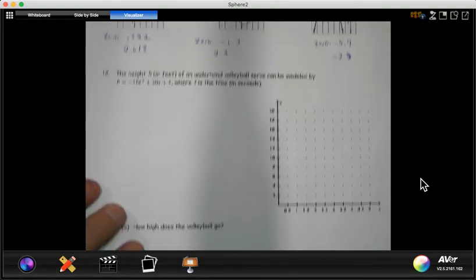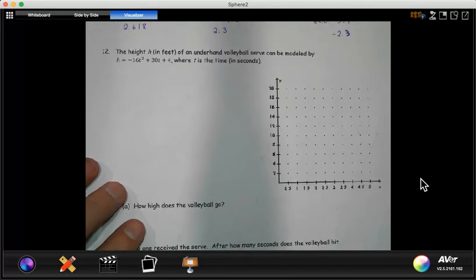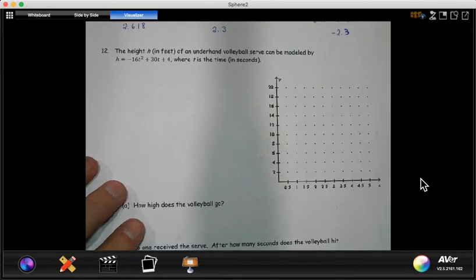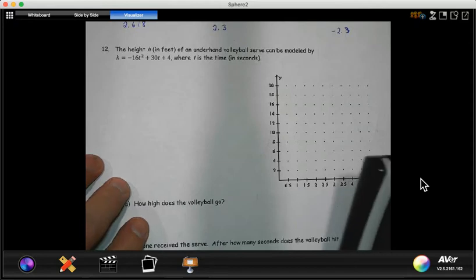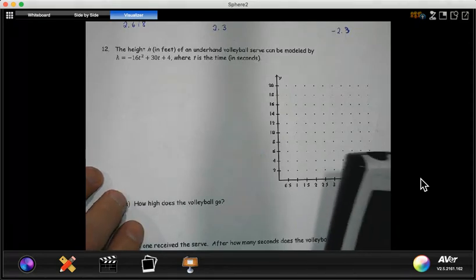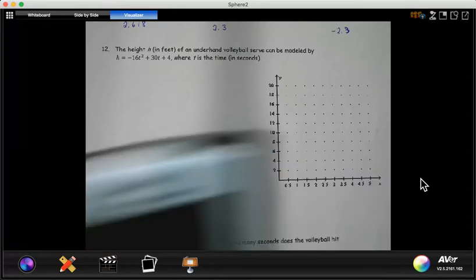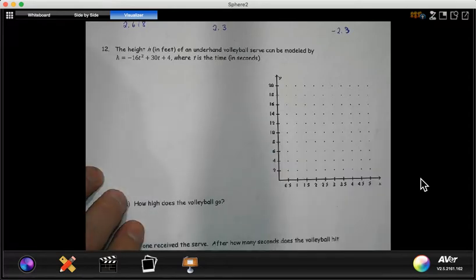So the height in feet of an underhand volleyball serve can be modeled by the following equation. H equals negative 16t squared plus 30t plus 4, where t is time in seconds and h is the height in feet. In math, we're to the point now where we have to start switching everything out of x's and y's and put everything into h's and t's.